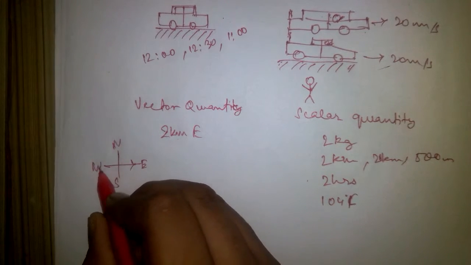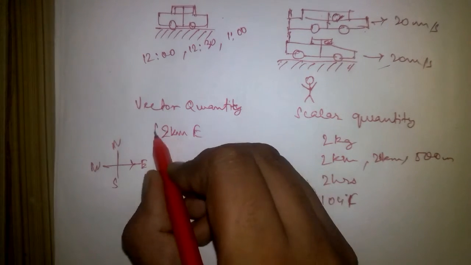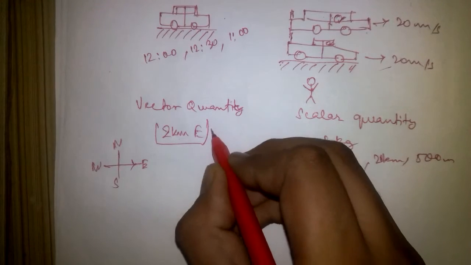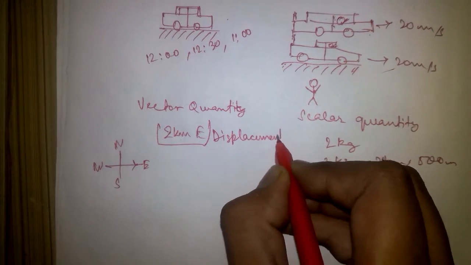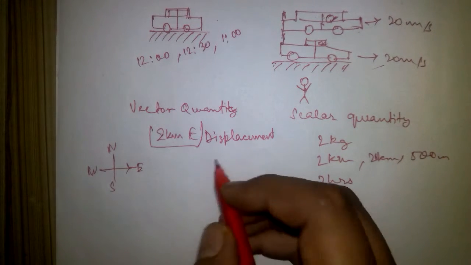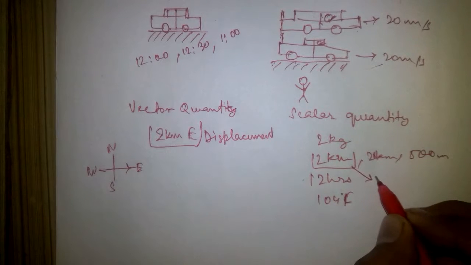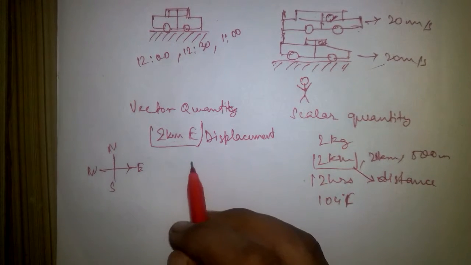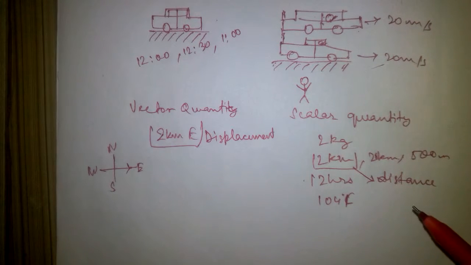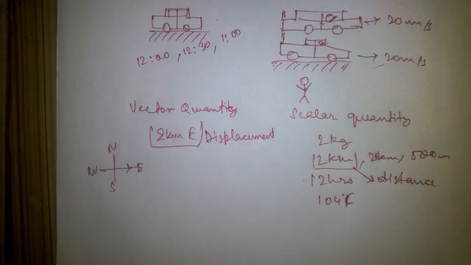This quantity is displacement, and this is distance. Now displacement is also a type of distance, but it is the shortest distance between one point and another point. But distance is the original path traveled.